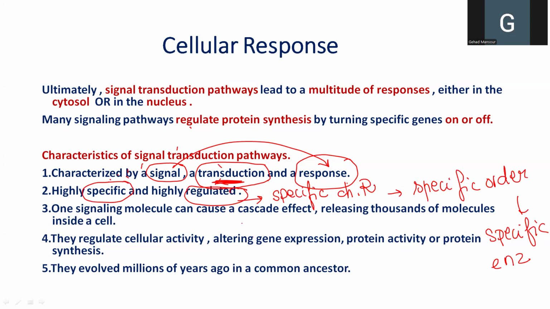And then, of course, one important characteristic of the cellular responses is the cascade effect, releasing thousands of product molecules. And as we said before, the cellular response might be an alteration in gene expression, on or off, or any kind of cellular activity, like increasing a certain protein's activity or just increasing the synthesis of a particular protein.